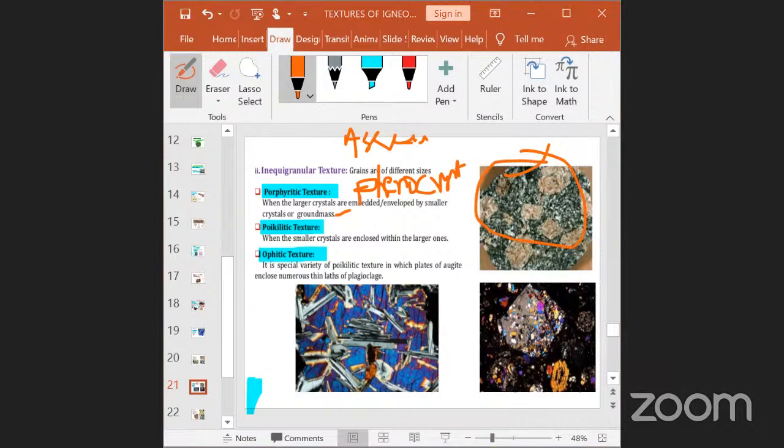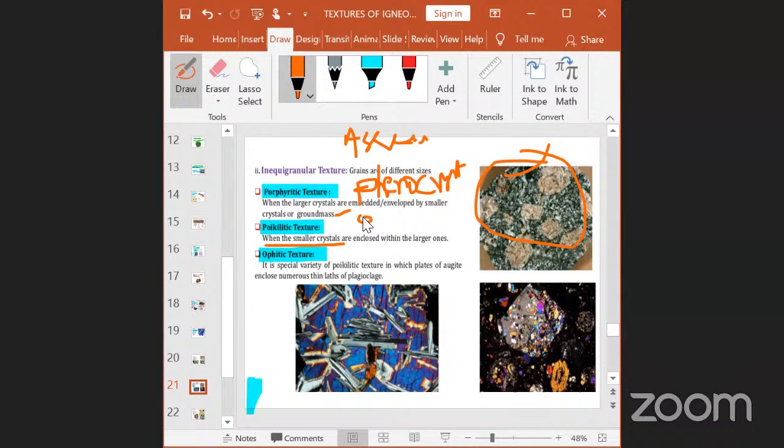The next one is poikilitic texture, right? This is when smaller crystals are enclosed within larger ones. In this structure, the larger grain encloses smaller mineral grains. The larger ones are the host crystals, known as oikocrysts.